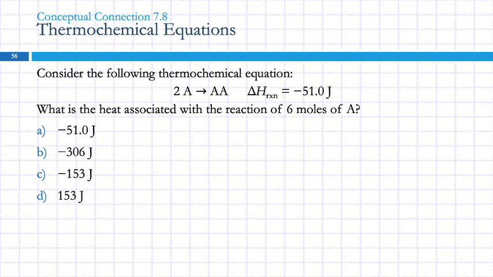It's 3 times bigger. So if I have 3 times as much stuff reacting, what should I multiply the energy by? 3, right? So negative 51 multiplied by 3 would give us negative 153. Does that make sense? You burn twice as much gasoline, you get twice as much energy.